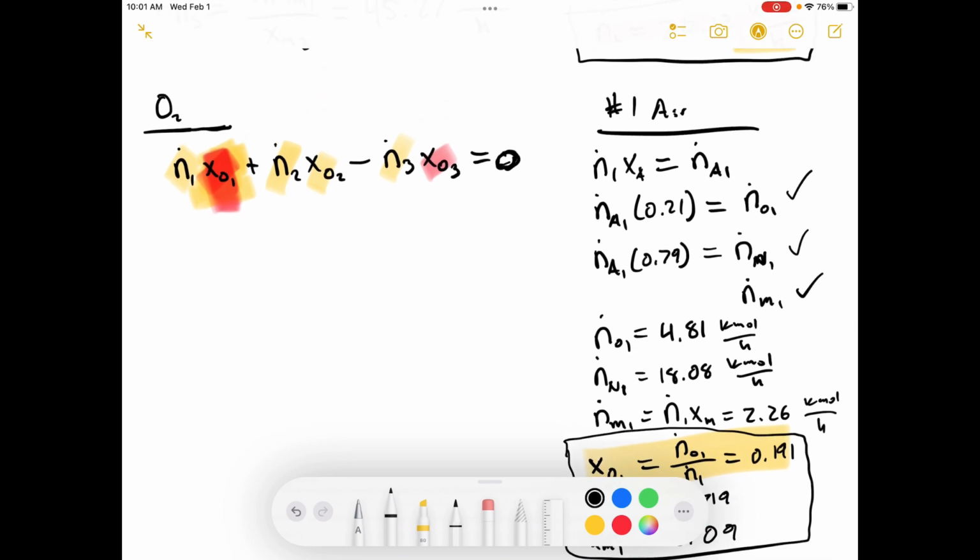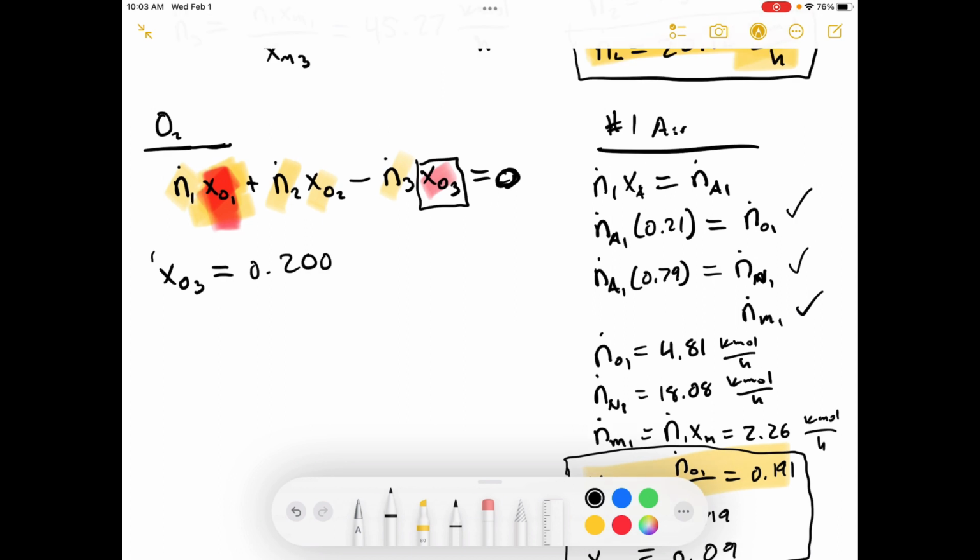So now we can calculate how much oxygen mole fraction there is in stream 3. Okay, so let's calculate that from our other oxygen mass balance. Our total mole fraction of oxygen in the outgoing stream, we need to turn this mole fraction into a mass fraction.